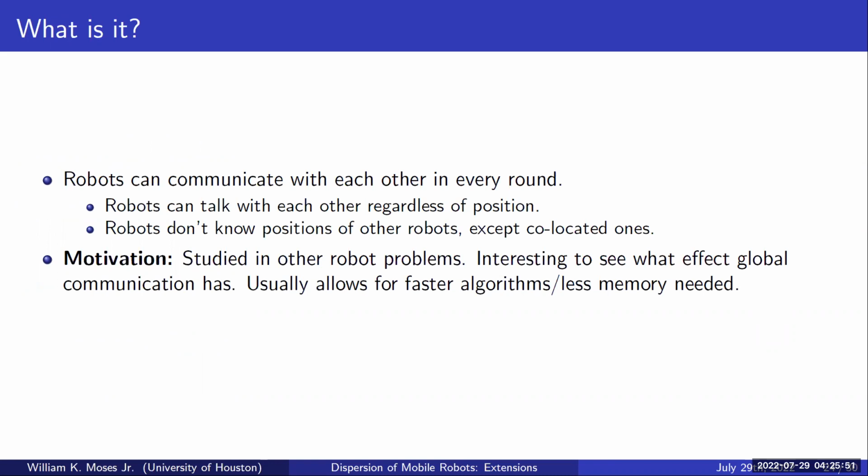Global communication is not this. Global communication is like, it doesn't matter where you are, I can talk to you. And why would you care? Well, global communication is a setting that has been studied for other problems. And it's interesting to see what effect global communication can have, because it usually allows for faster algorithms or less memory.